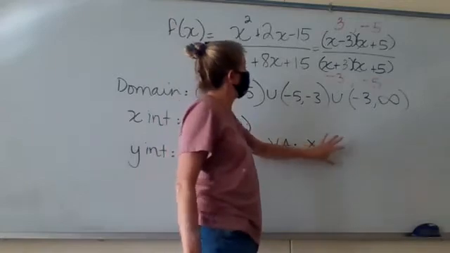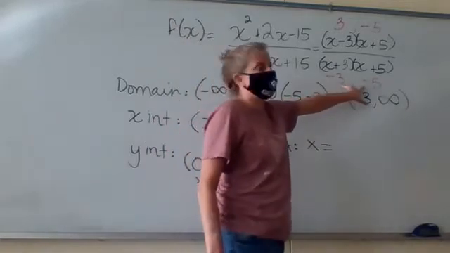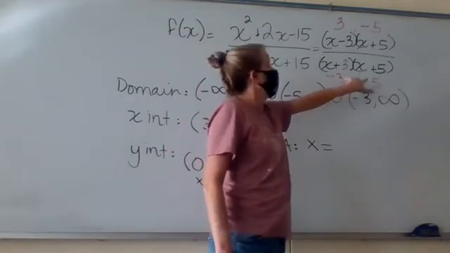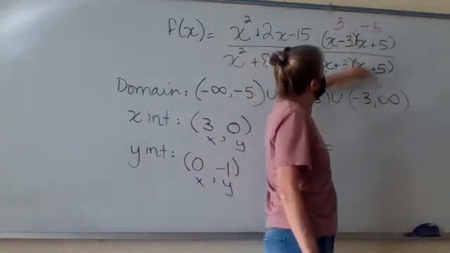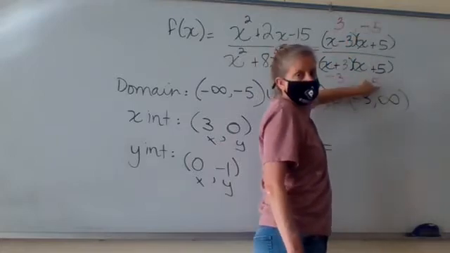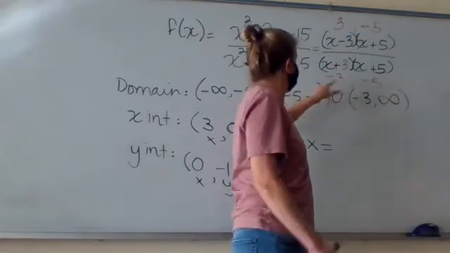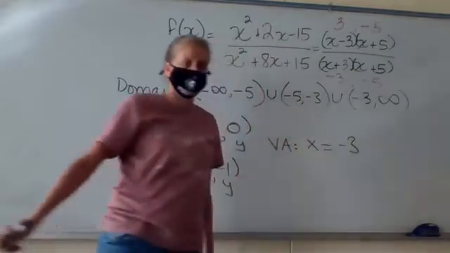So the numbers that you're going to use for vertical asymptotes are zeros of the denominator that are not also zeros of the numerator. So the -5 is not being counted. So the only vertical asymptote is at x equals -3.